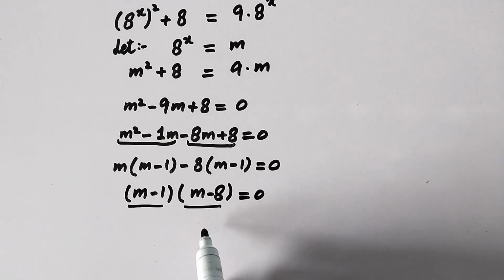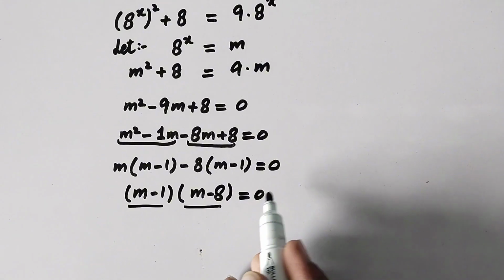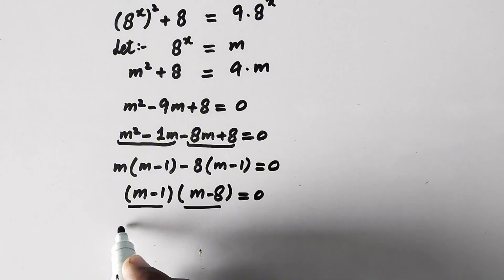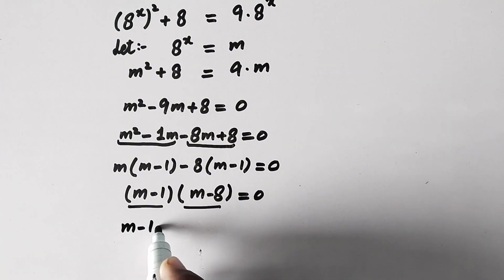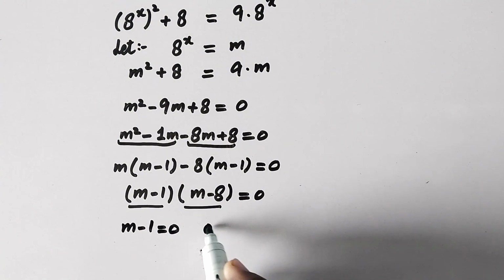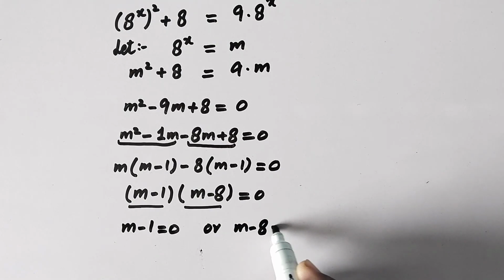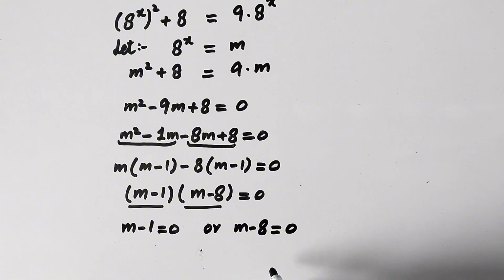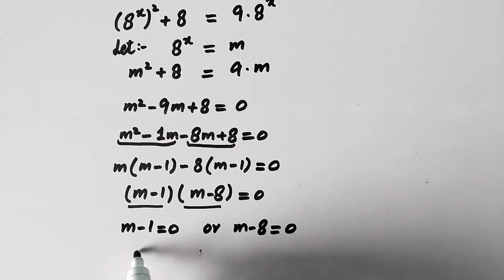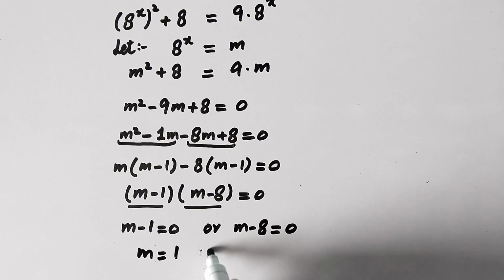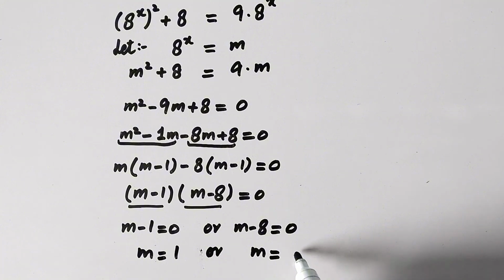There are two factors that are equal to 0, so m minus 1 equal to 0 or m minus 8 equal to 0. Here m will be equal to positive 1 or m will be equal to positive 8.